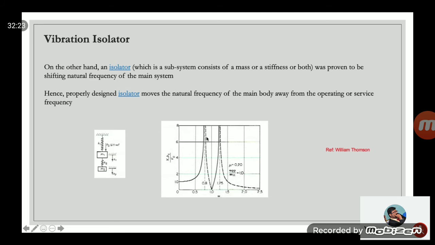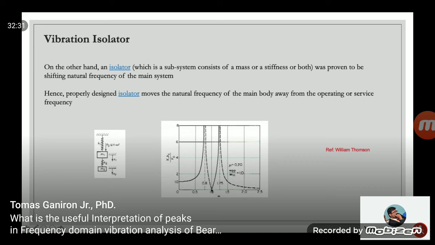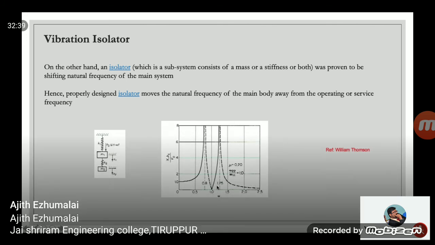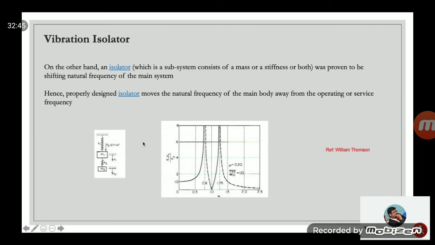You see the central frequency is supposed to be here, maximum. Now it's split in 2, 80% on one side and another 25% on the other side. So your operating zone is free with no vibration at all. This is the kind of mechanism used in some cases as a vibration isolator.